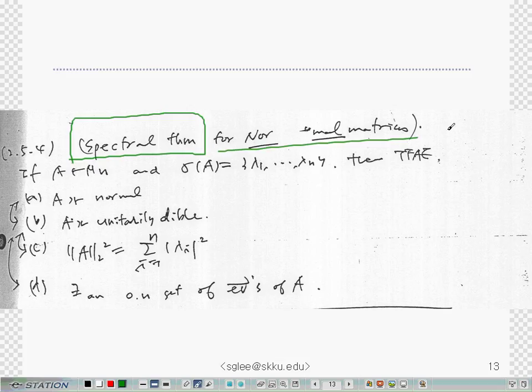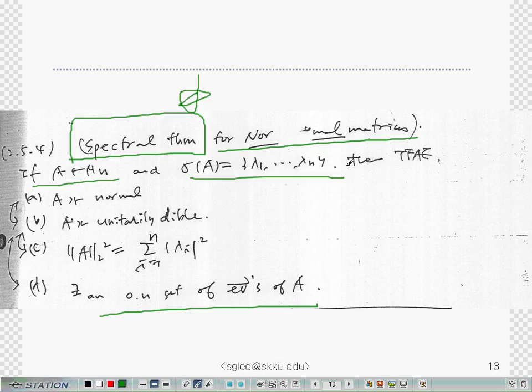Spectral theorem for normal matrices. This is called a spectral theorem because it deals with the eigenvalues, actually. If A is an n by n matrix and lambda i's are eigenvalues of A, since we are in an algebraically closed field, we have n eigenvalues, counting multiplicity.